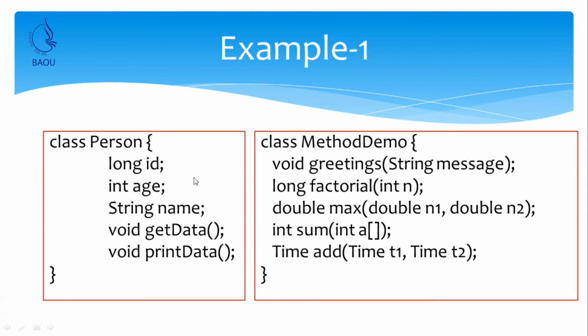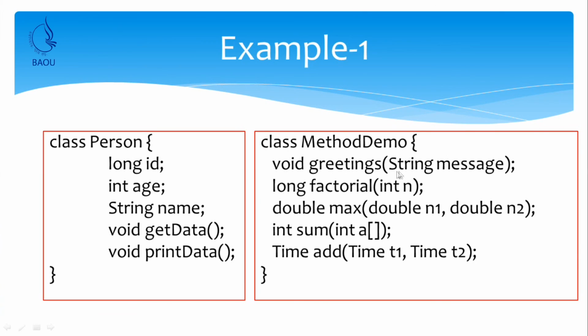Now, we write down this program so that you can better understand how these methods work. Another class we are going to write is method demo, and it simply defines different methods. The first method has return type void, its name is greetings and it prints the message provided as an argument.